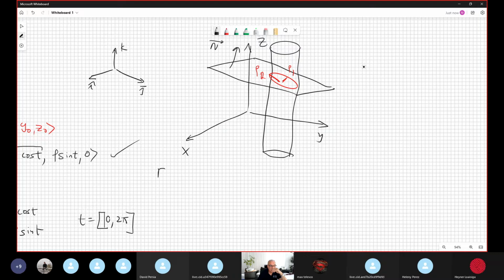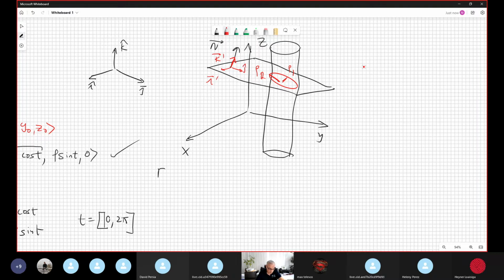I try using other vectors. In this case I can find the unit vector here, which I want to call K prime. Then we have I prime parallel to the x-axis and J prime parallel to the y-axis.